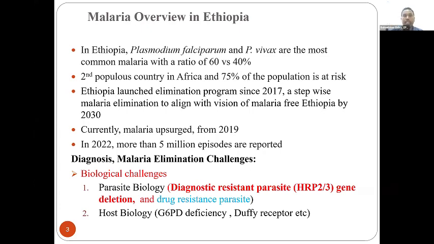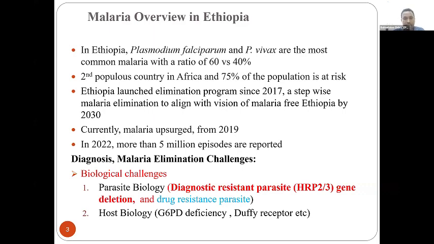Ethiopia has been running an elimination program since 2017, a stepwise malaria elimination to align with the vision of a malaria-free Ethiopia by 2030. Currently, there is a surge of malaria, starting from the COVID-19 pandemic. In 2022, more than 5 million episodes were reported.